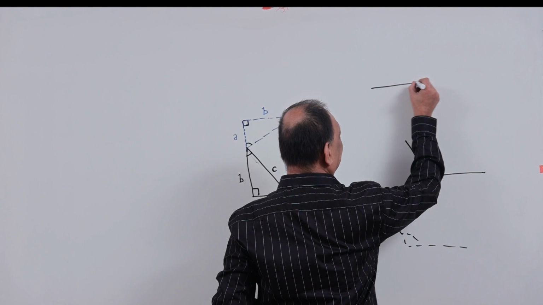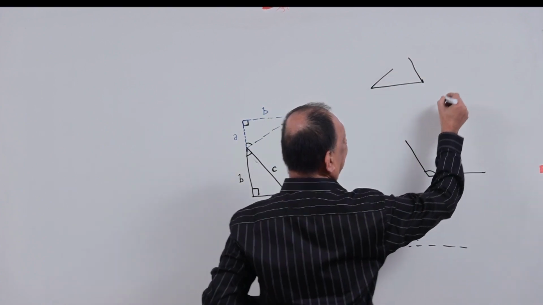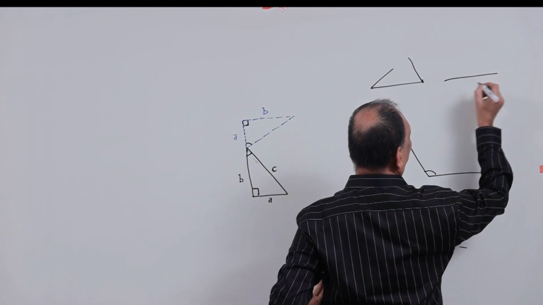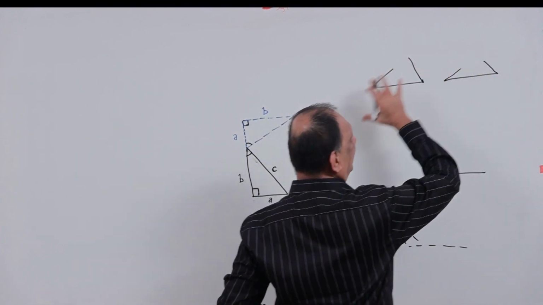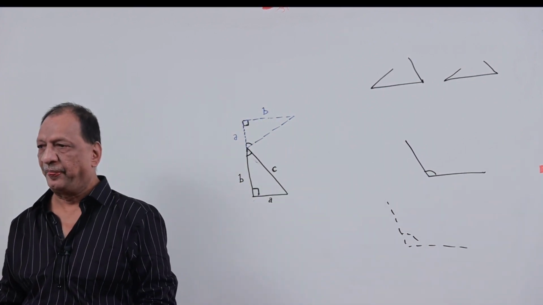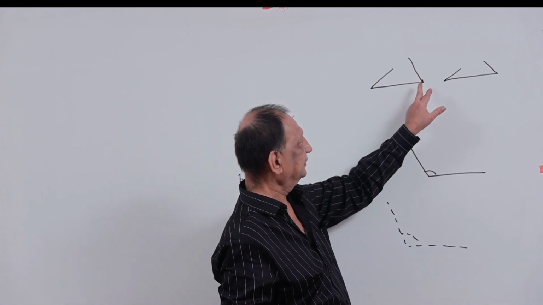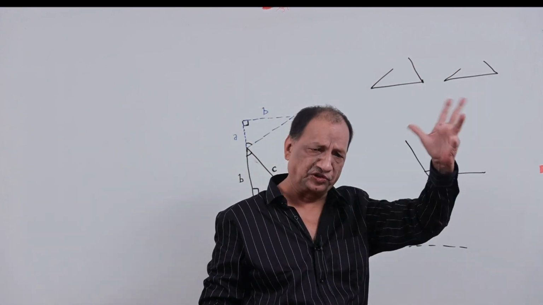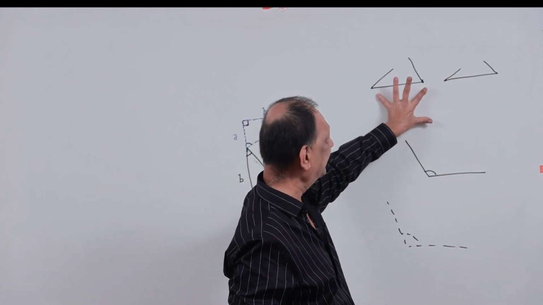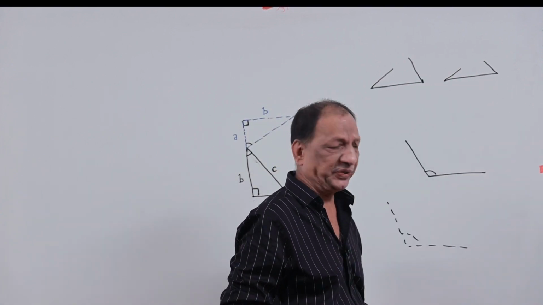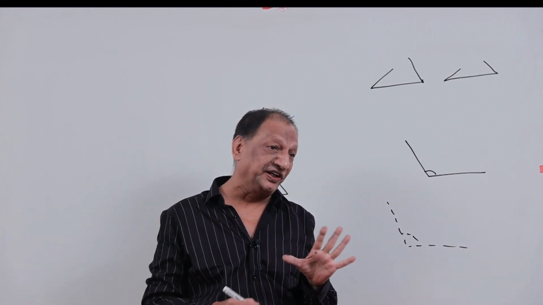That is, I got one side and I got one angle, another angle. Same way, I got the same length side and the same angles. When you draw, you get identical triangles, right? And the two angles, because two angles are same, third angle also is same. No questions on that. They are similar and they are also congruent because the two sides are same. Just because one side is same and three angles are same, not necessarily they are congruent.